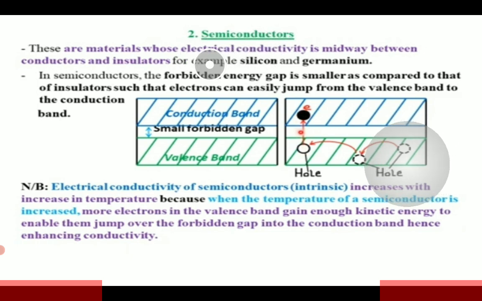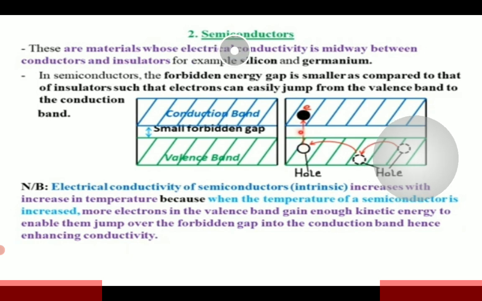They are not too poor to conduct electricity. They are also not too good to conduct electricity. They are just in the middle. So they allow only partial current to flow through them.